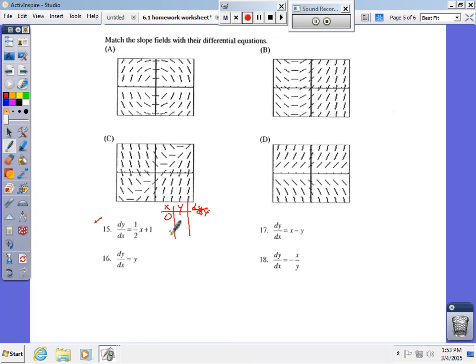So if x is 0 and y is 0 and I plug it into here, I'm going to get a 1. So at the point 0, 0, my slope has to be 1. Well, that's not A, that's not C. B, my slope is 1 here, and nowhere else is there a slope of 1 at that point, so this has to be B. And you can do that for all the rest of those.